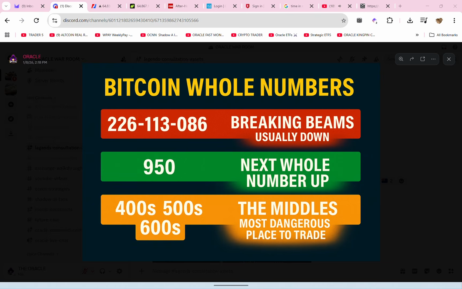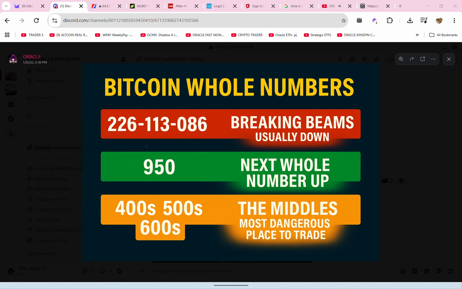But it's epic. See, these numbers are the behavior of humans. When 64,000 is going to break down, you'll know it. It'll start breaking into these lower coordinates. First, it'll come to 400. You'll start seeing it. It's the middles. 400s, 500s, 600s. But when you get close to 950 on the way up, that means they can taste blood.